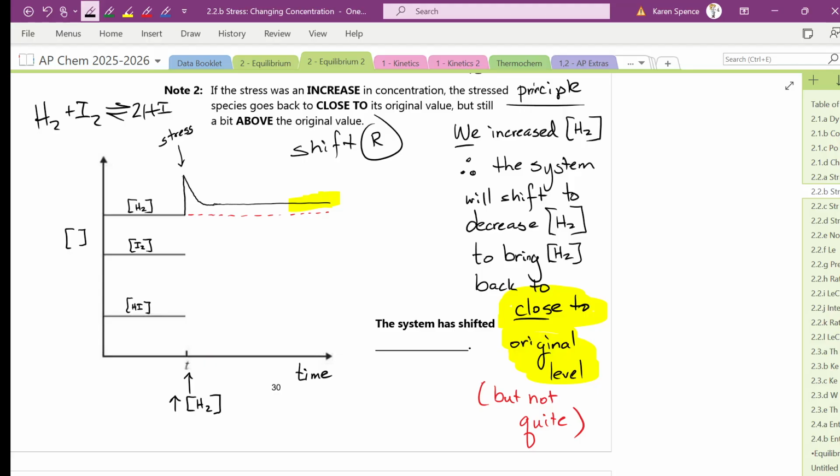As much as H2, okay? So these should be the same size, and the curves should end at approximately the same time. Do your best to make that happen. I don't always succeed. I am not drawing a straight line here to save my life. Okay?